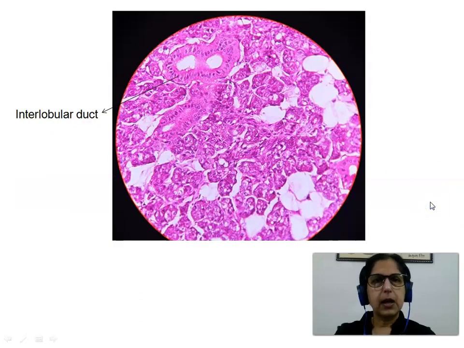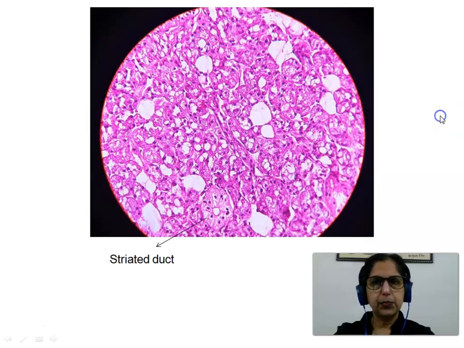A high power view of the same shows the serous acini with hardly any lumen seen, and we also see here the interlobular duct and adipose tissue. Another high power view shows a striated duct where we can clearly see the basal infoldings that give rise to the striations.